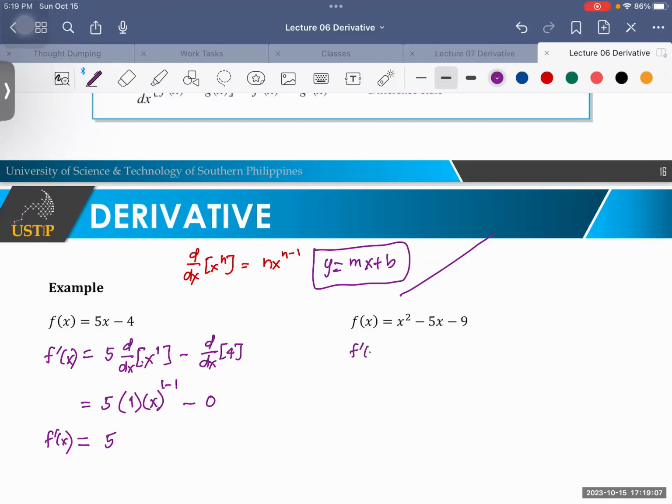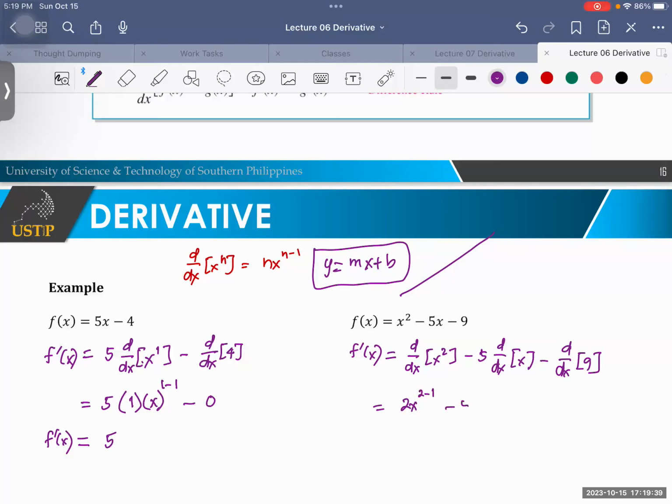So, we have f prime of x. Now, ang x squared na ni, wala man tayo coefficient or constant nga naka-multiply sa iya. So diretso na ta og differentiate sa iya. Differentiate na ni minus 5x. Ang 5 constant, atong ipakilid. Dayon, differentiate x. Minus constant na, so mao na itong differentiate ang 9. X squared will become 2x raised to 2 minus 1.